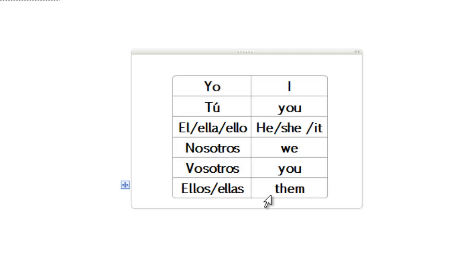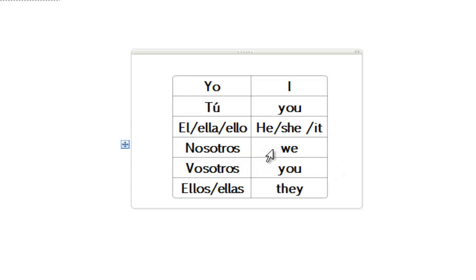Okay, and then we have, oh, sorry, I misspelled they. We have ellos, it's the male version, masculine, and ellas. So they, when you're talking about a group of boys, for example, ellos, a group of girls, ellas.